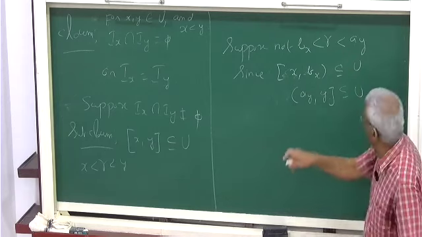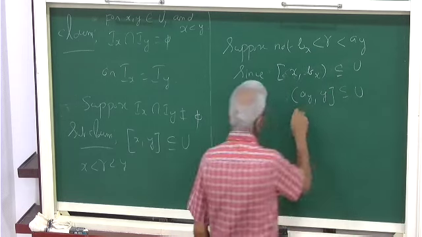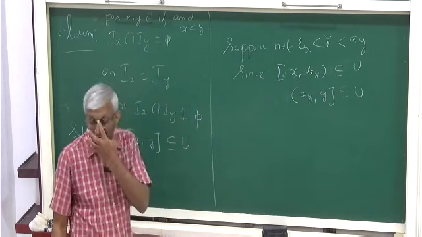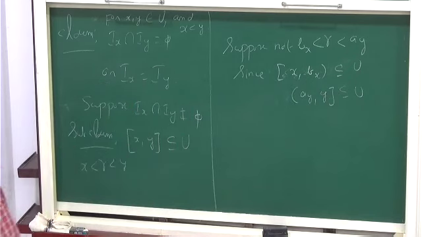a_y is defined. a_y corresponds to y. Let's go through one by one. We started with x, and we defined a_x by that and b_x by that.